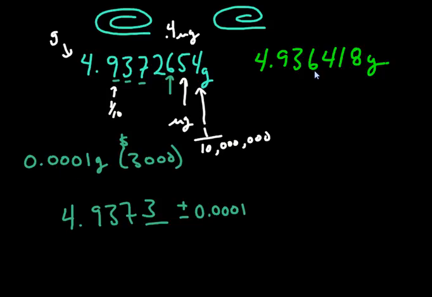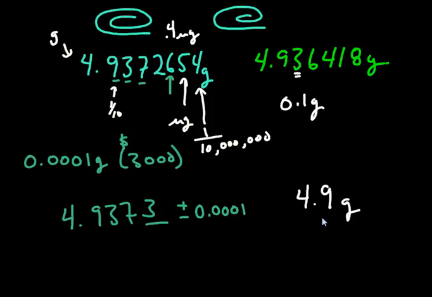Now let's say we took this other paper clip, and we're not going to haul out the big expensive scale. We're just going to use our 10th of a gram scale. Well, we put our other paper clip on there, and we get 4.9, because we looked at this digit. It's a 3, and rounding rules say that we just round down.